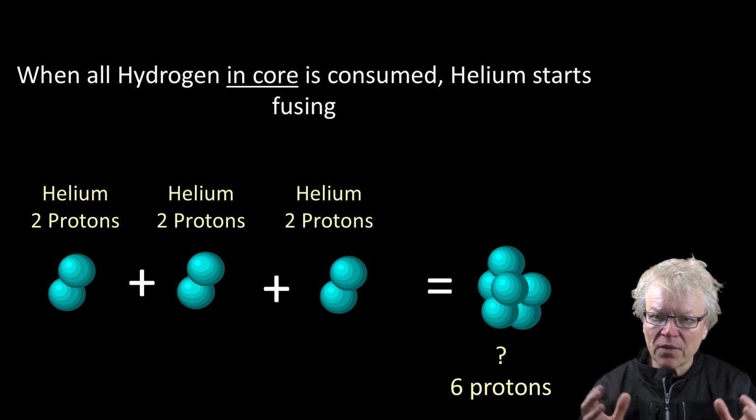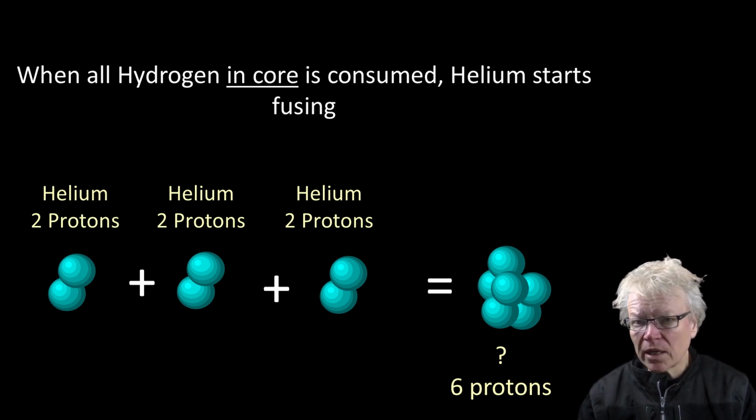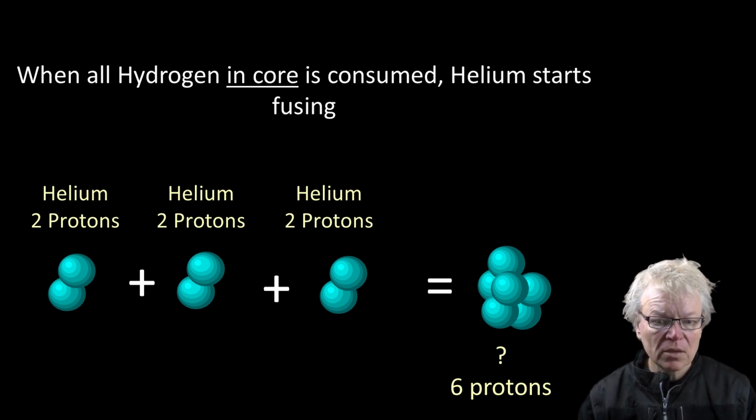When the hydrogen's gone, the helium starts to fuse. And you get, let's say, 3 heliums come together, each with 2 protons. What do you get if you fuse together 3 helium atoms? Well, you get a new atom that has 6 protons in it. And what's that? Well, we saw that before. That's carbon. So carbon is forming in the core of suns.